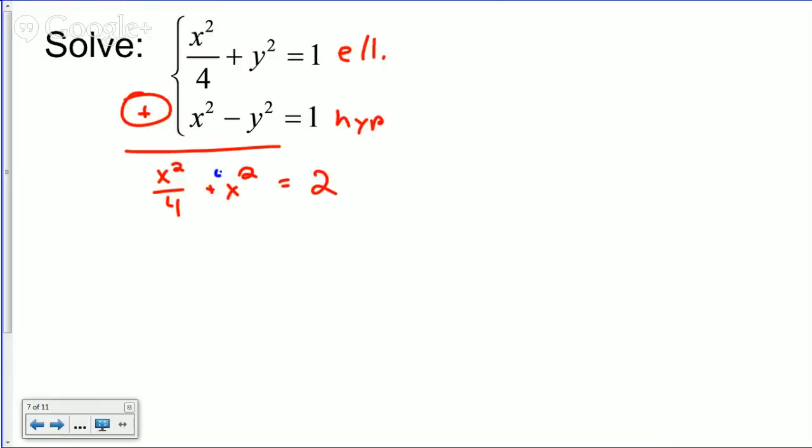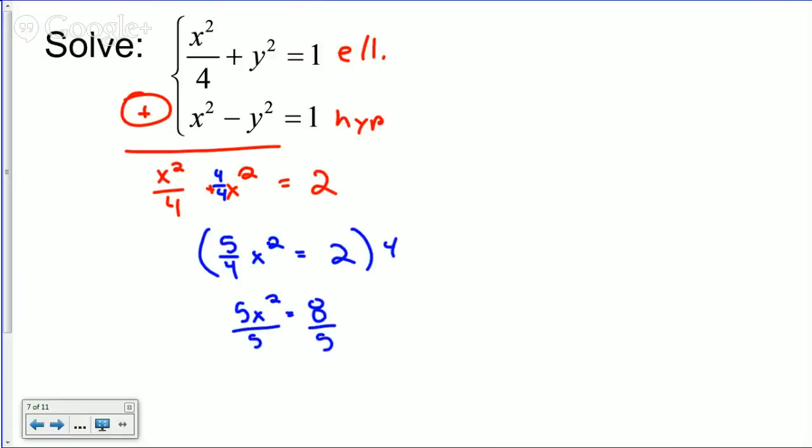Well, this is really 4 over 4. So you have 5/4 x squared equals 2. And we will multiply by 4. You get 5x squared equals 8. Divide by 5. x squared equals 8/5.